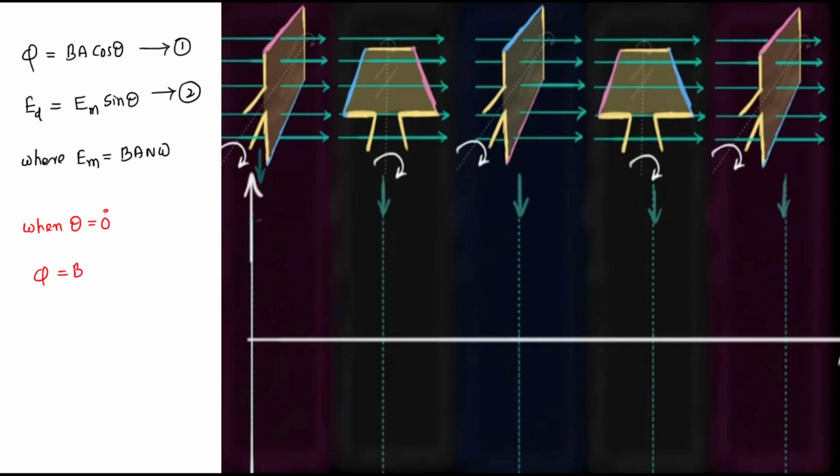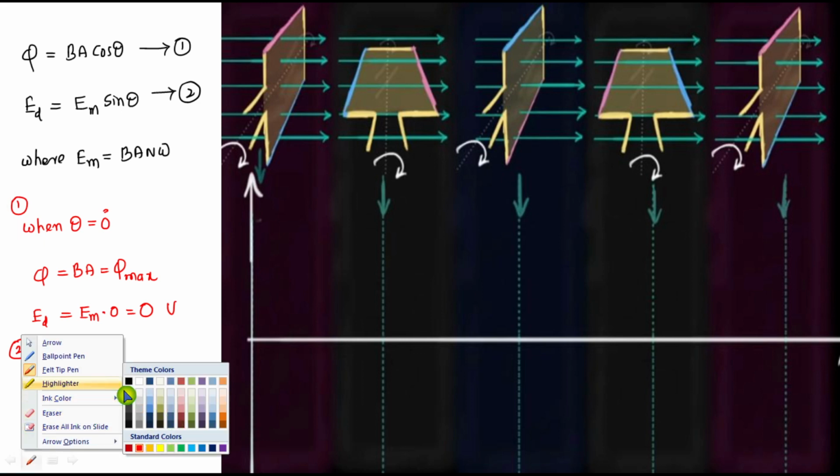Flux equals BA, which is phi max. This is the maximum flux. What about dynamically induced EMF? When theta equals 0, e equals Em into 0, which equals 0 volts.